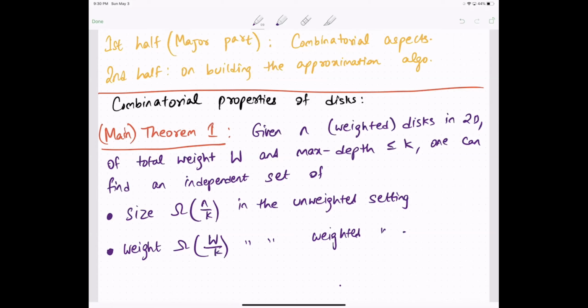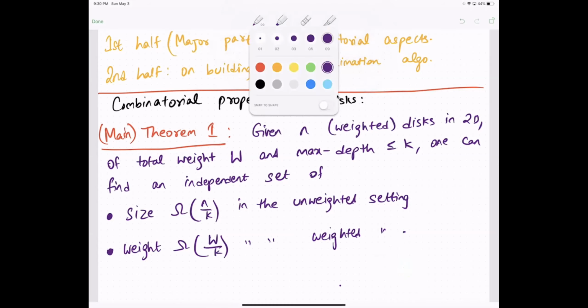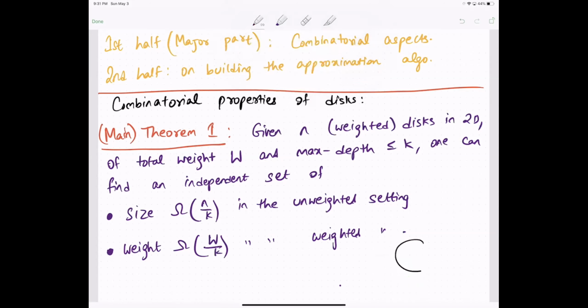Okay, so what is max depth? That's very simple. We'll need this definition going forward, so let's carefully define this. Max depth here in this example is this portion, which has depth 3, because if you pick any point here, the number of disks that cover that point is 3.